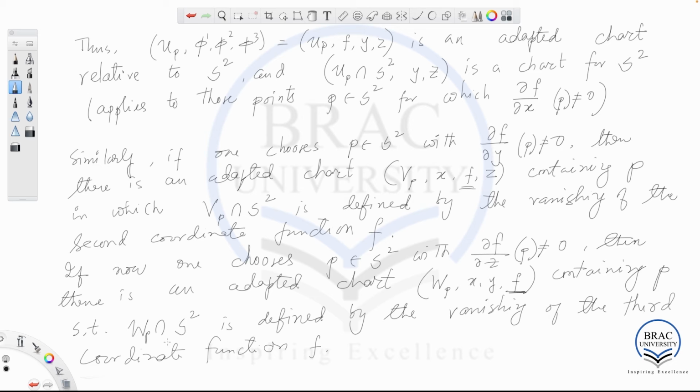Okay, so which means that this is going to be the maximal region of the neighborhood W of p on which the third coordinate function f vanishes identically. Okay, good.